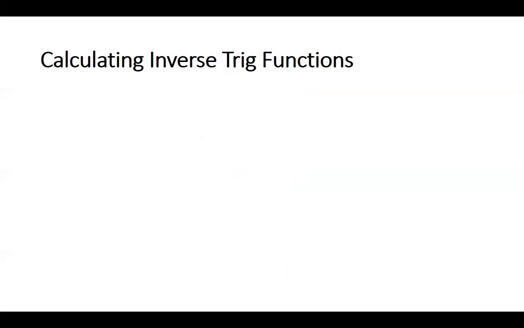I'm going to give you a special note here. We're now dealing with reciprocal functions, right? We're dealing with cosecant, secant, and cotangent, which are reciprocals of sine, cosine, and tangent, respectively. But we have to be careful about how we treat those when we calculate these functions.